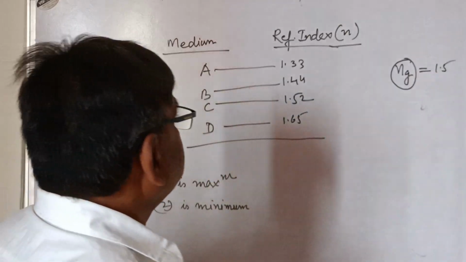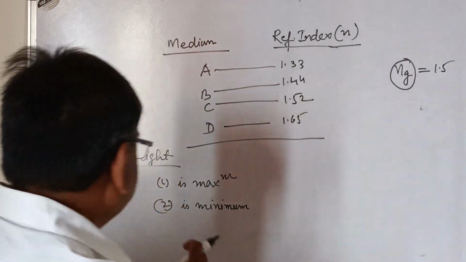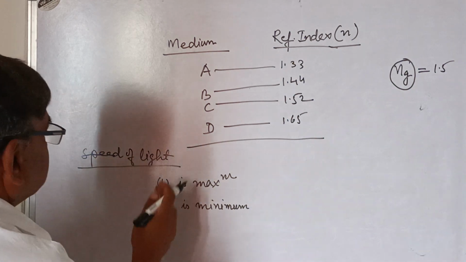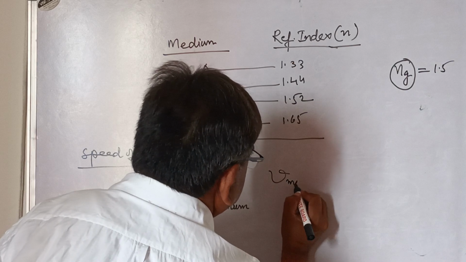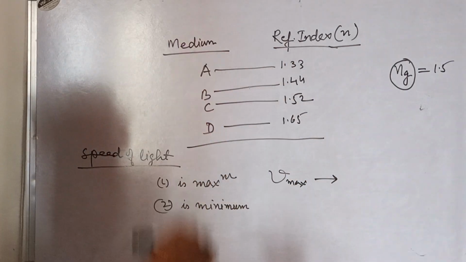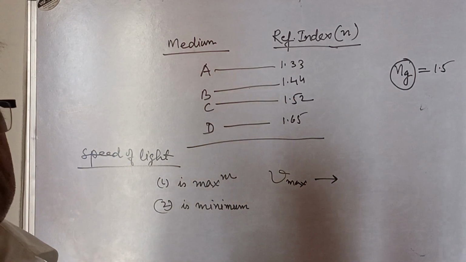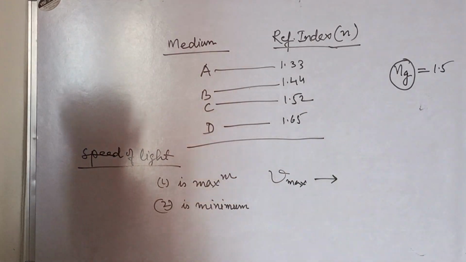So first of all, we see which medium is less dense. We have to find out maximum velocity, where speed of light is maximum. So V maximum, in which will it be? All the four media, which is very less dense?